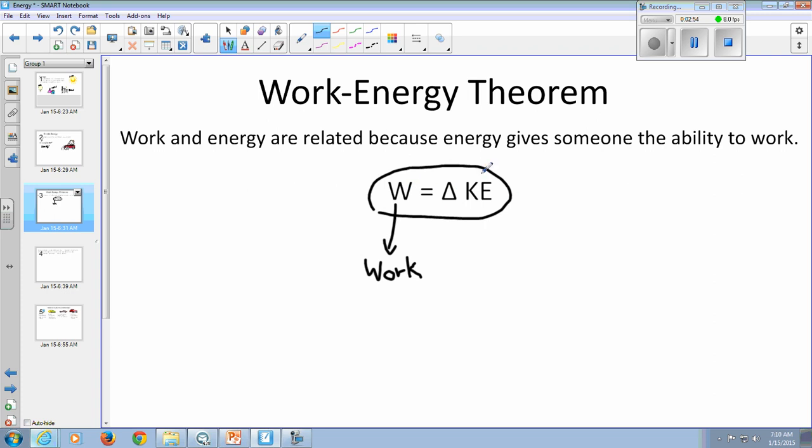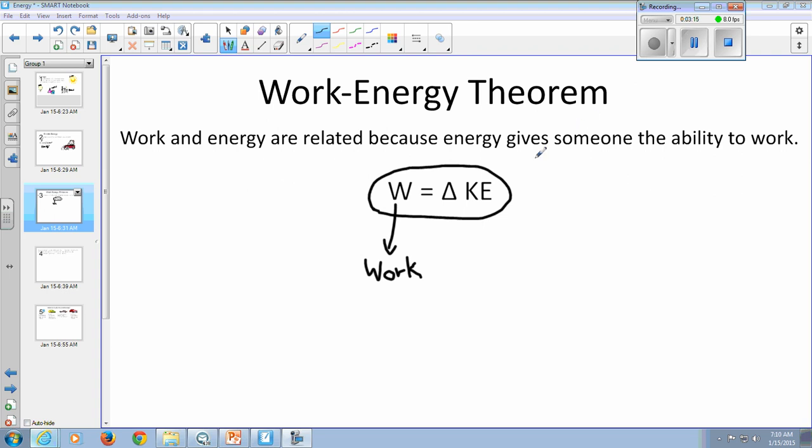This equation will get expanded upon when we do conservation of energy. So this is a nice little tool we have for what we call rigid objects. Rigid objects that are moving.